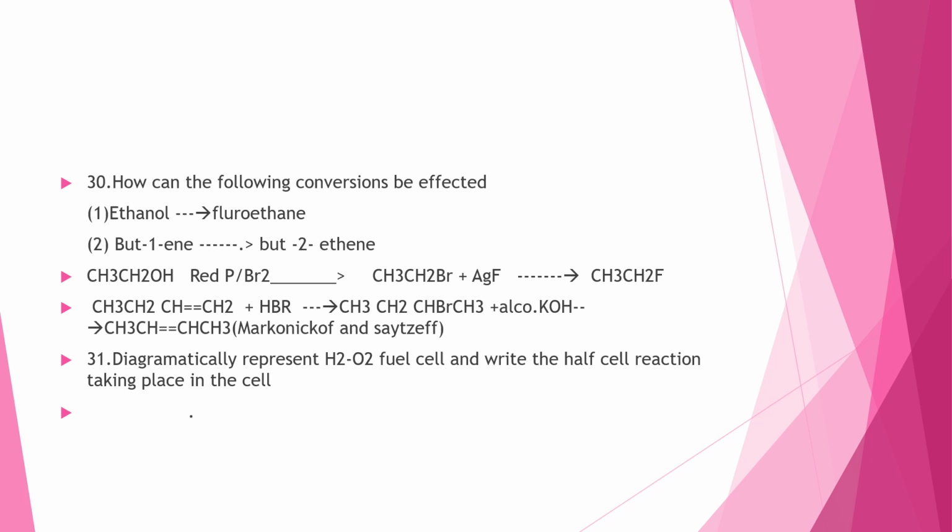So first we convert it into one of the other halogen compounds like bromine, iodine, or chlorine. Then we use the Finkelstein reaction, that is CH3CH2Br plus AgF gives CH3CH2F.